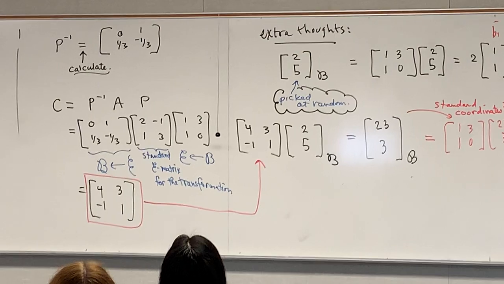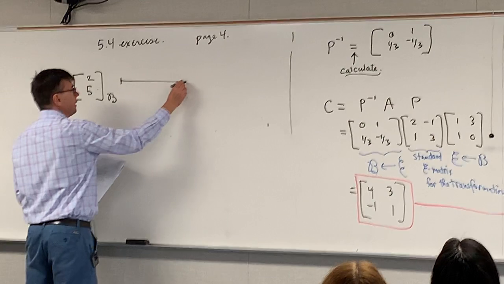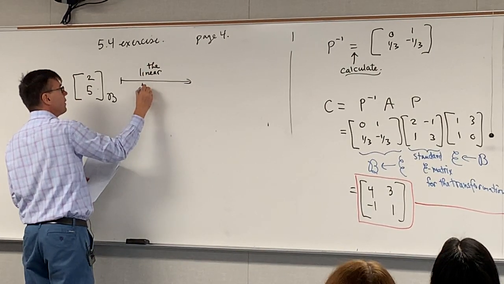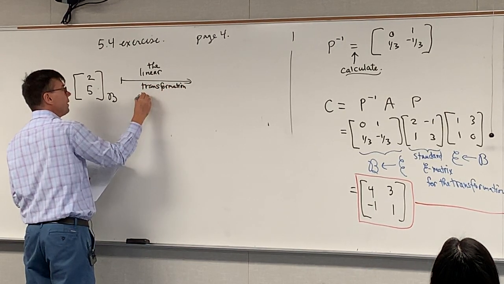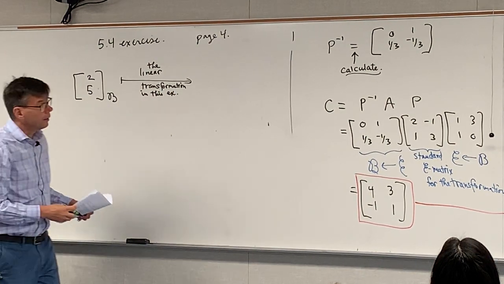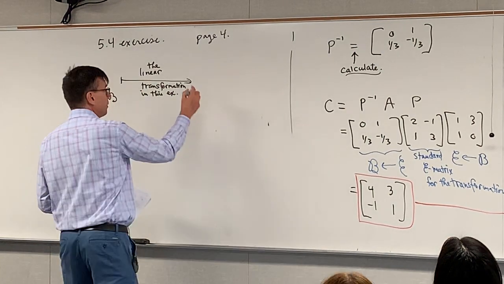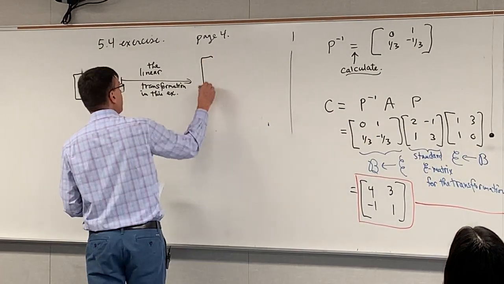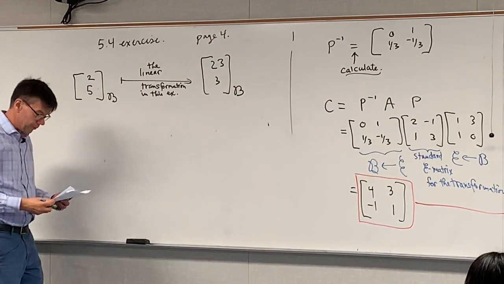We can now take our 2, 5 in B coordinates, apply the linear transformation in this example, and what we figured out right here is it's going to get assigned to 23, 3 in B coordinates, right? There's the linear transformation.